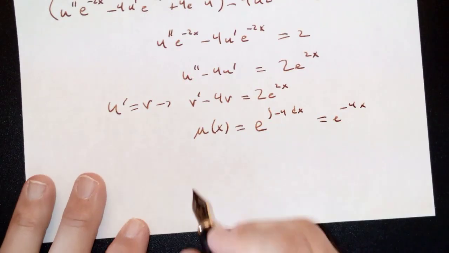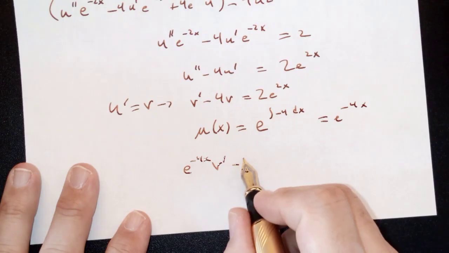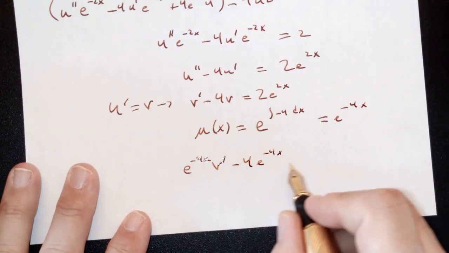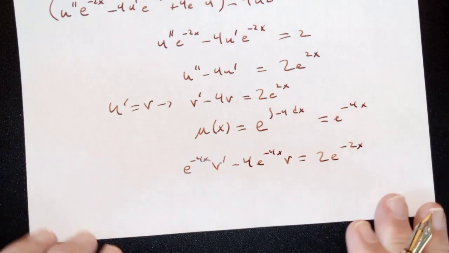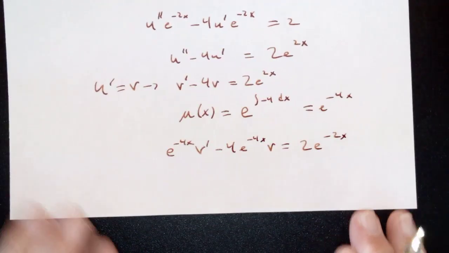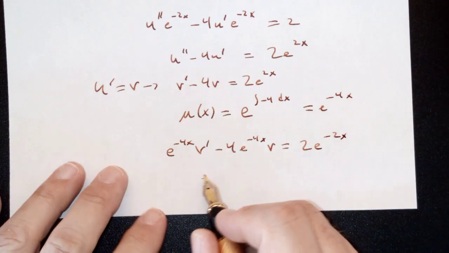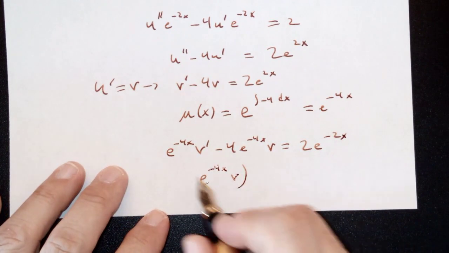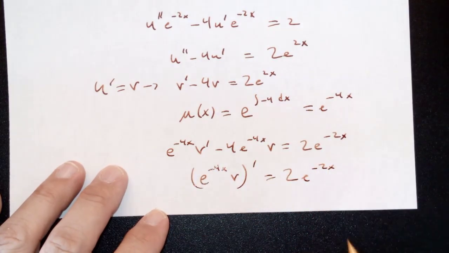Multiply through: e to the minus 4x v prime minus 4 e to the minus 4x v equals 2 e to the negative 2x, because I multiplied by e to the minus 4x. Left side's a product rule. e to the minus 4x times v, quantity prime, equals 2e to the minus 2x.